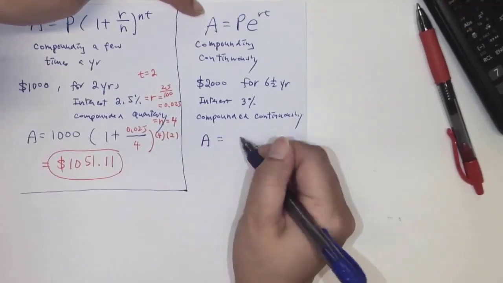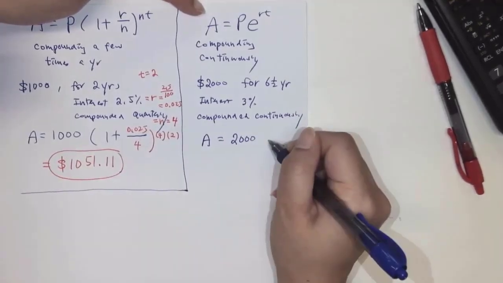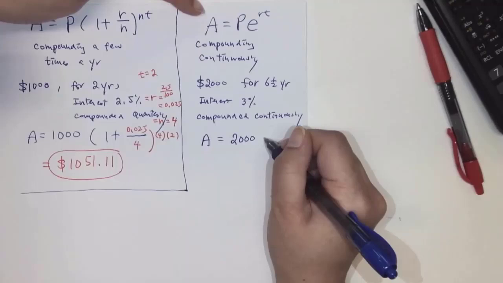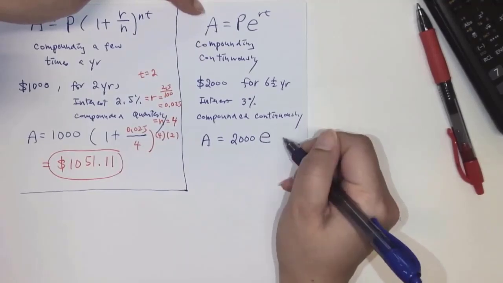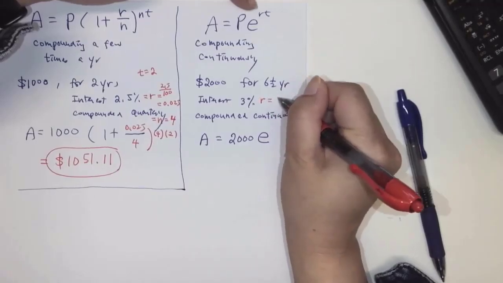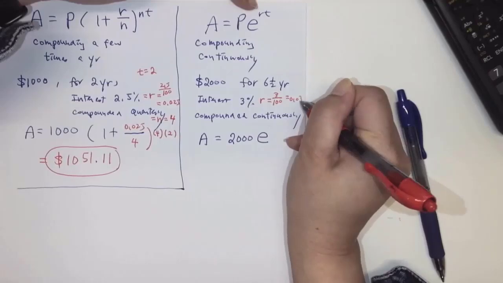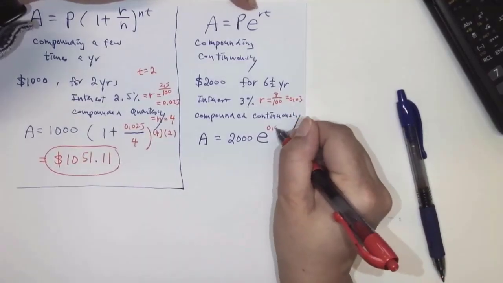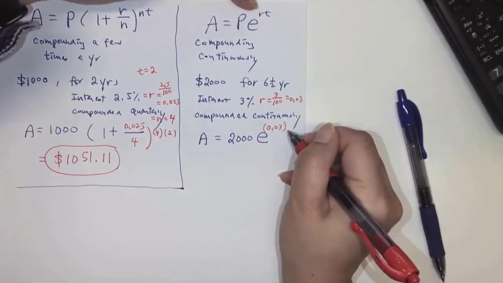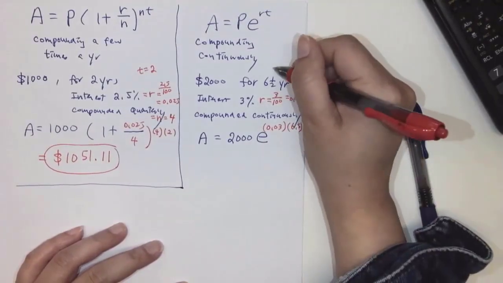No. The principal is 2,000, and E is the E on your calculator. R needs to be turned into a decimal, so 3 over 100 or 0.03, times how many years? 6.5 would be easier to plug in, so T equals 6.5 years.